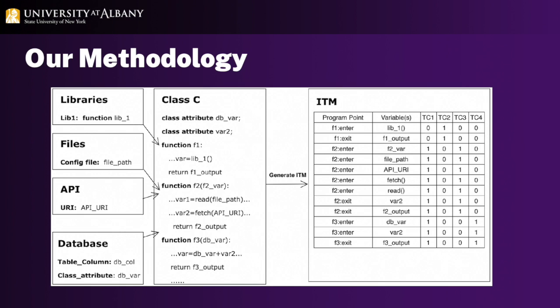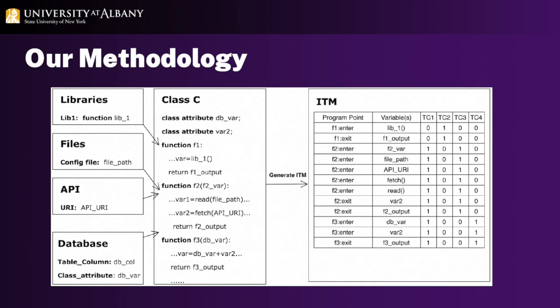Here is an example that shows how program environment correlates to the library, files, configuration files, APIs, and the database. Class C has two class attributes: one is a database variable, DB var, and another is var, var2.